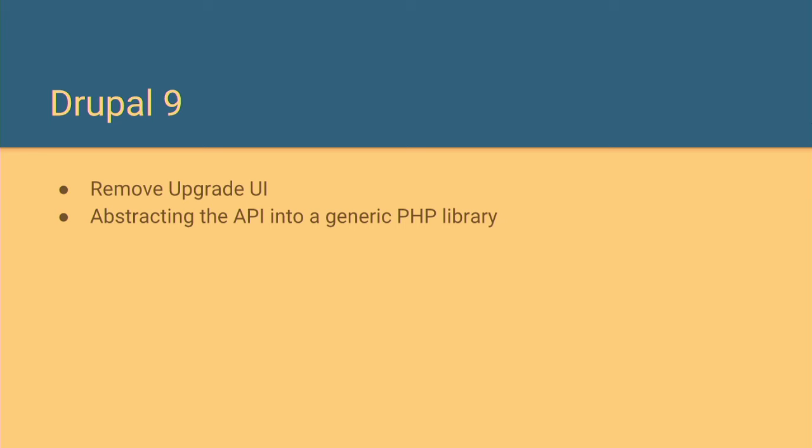The last bit, I barely want to talk about, but it's something we did mention early on. There's a generic extract, transform, load concept that people talk about in software development, a software pattern we could write a library around in a generic way, and the Migrate API would just become a consumer of that.